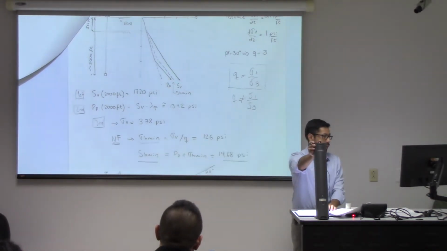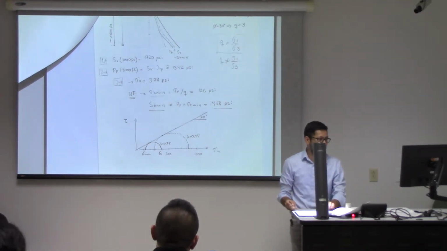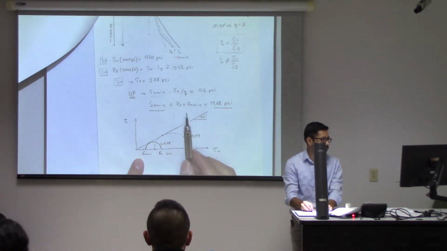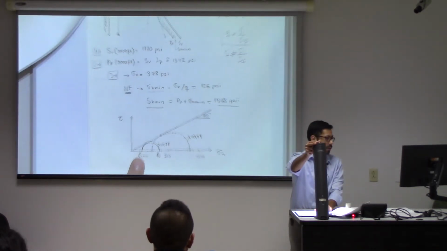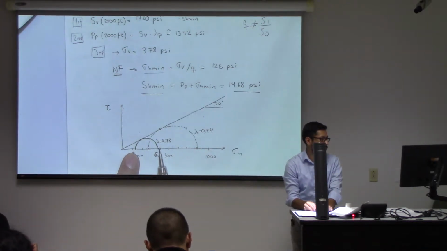Okay, so if you plot the Mohr circle of that, in effective stress, sigma v is 378, that point over here. Sigma h mean is that value, 126, that is the Mohr circle with overpressure.